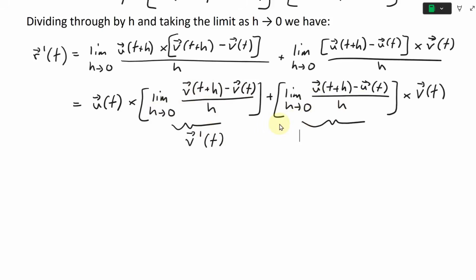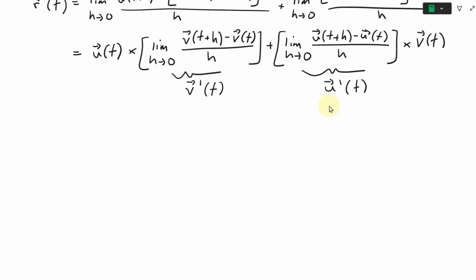So this is u prime of t, and that's just the difference u of t plus h minus u of t divided by h. Again, just the exact counterpart of the normal functions and their derivative.